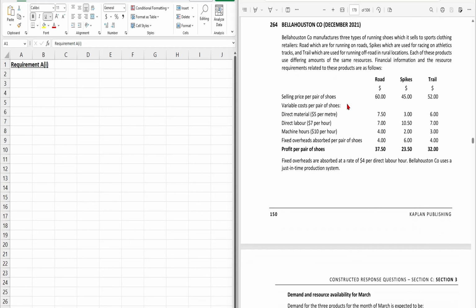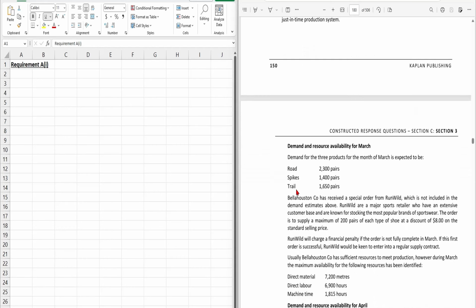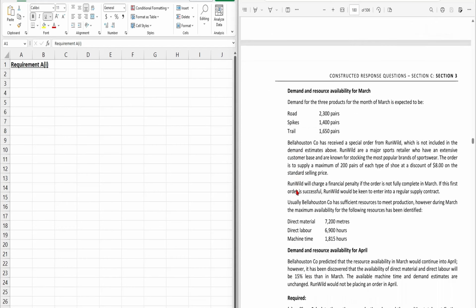So they have given the material cost and selling price of these products, and below they have noted that fixed overheads are absorbed at a rate of $4 per direct labor hour, and Bella Houston Company uses a just-in-time production system. Demand and resource availability for March: demand for the three products for the month of March is expected to be this much, and the company receives a special order from Runwild which is not included in the demand estimate above.